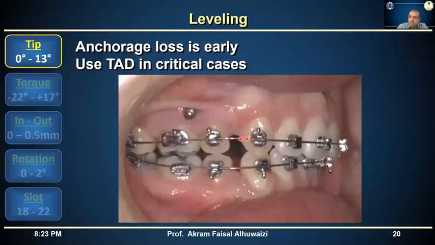The tip expression is going to work. The minute you place the bracket and the wire, it's going to push this crown mesially, push the root distally, and it's going to drain your anchorage.